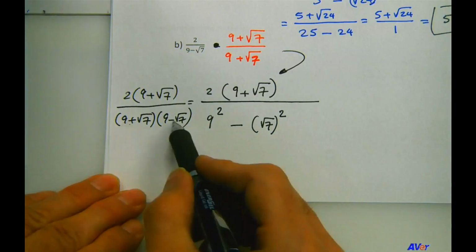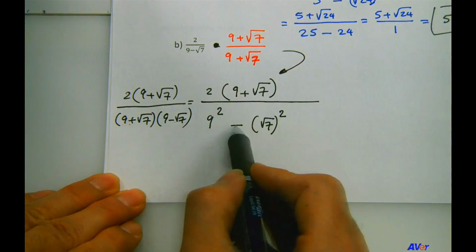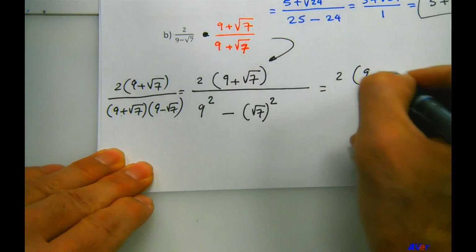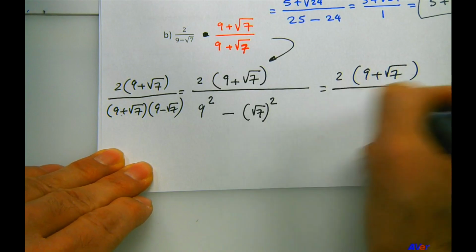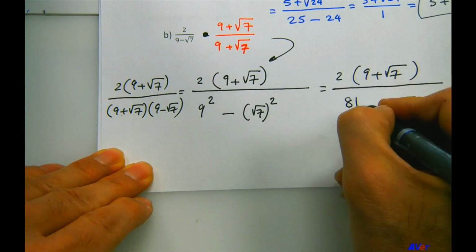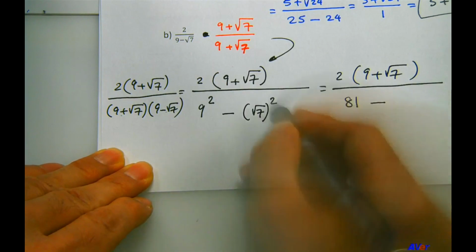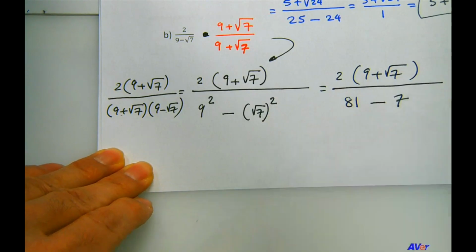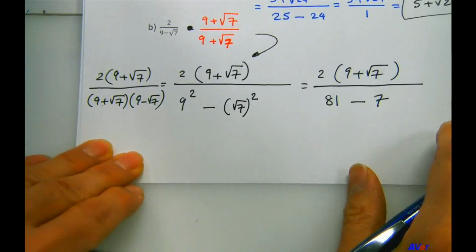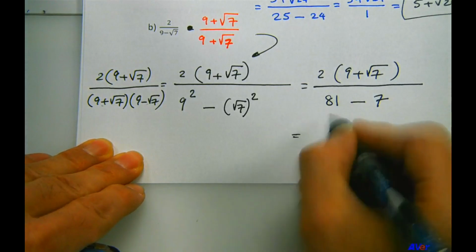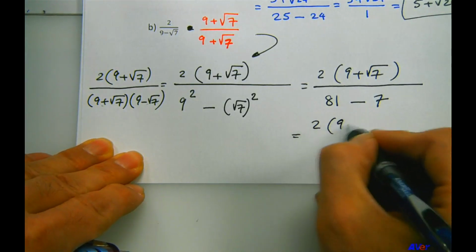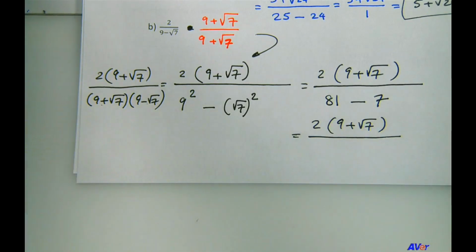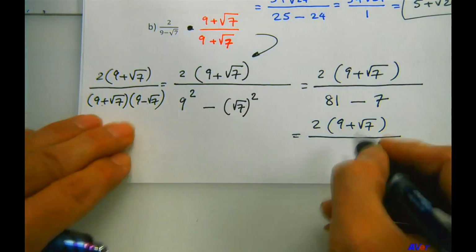So 9 squared minus square root of 7 squared. Okay, so we have 2 times 9 plus square root of 7 divided by 81 minus square root of 7 squared, which simply causes the square root of 7 to lose the radical. So we have 7. Okay. Then we have 2 times 9 plus square root of 7 divided by 81 minus 7, that is 74.